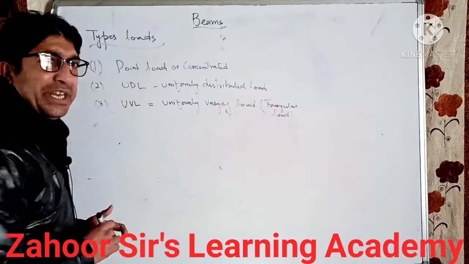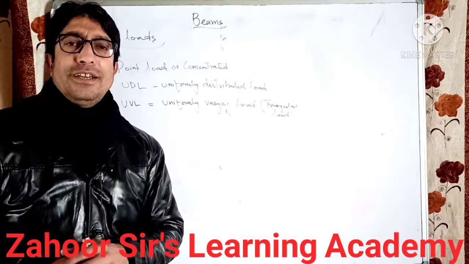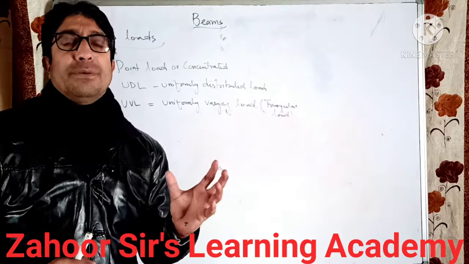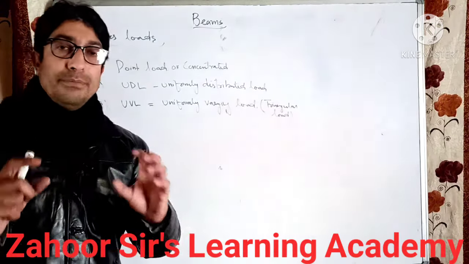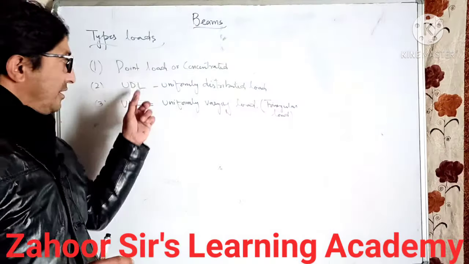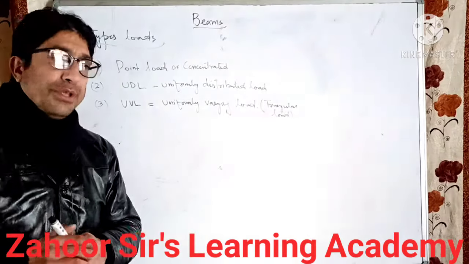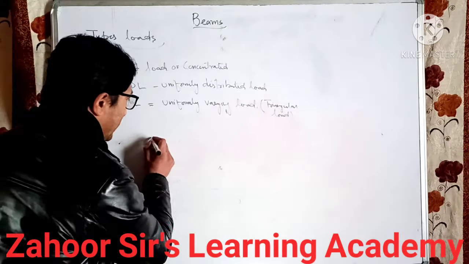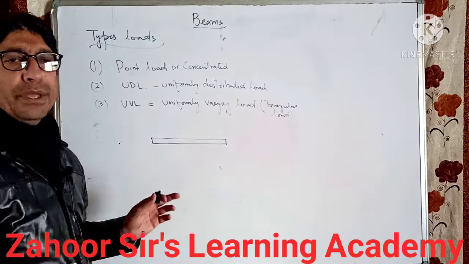What does it mean? What are its graphical representations? Let's try to understand this concept now, because that is the main job of a beam, that it carries different types of loads. Now you are well aware of the beam. If I put it like this, you know it's a beam.